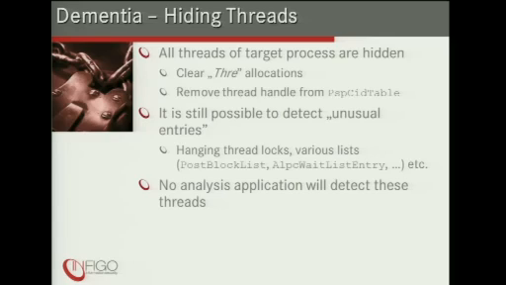For example, if a thread has any locks, or if a thread is a member of any wait list, block list, or something like that, it's not deleted from this list. And it could be possible to detect it, but every memory analysis application that I have tested completely fails to detect the deleted thread when you just delete the thread allocation, and that's even more so when you remove the thread handle from the PspCidTable.